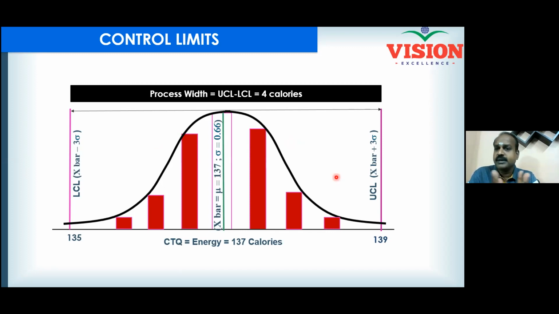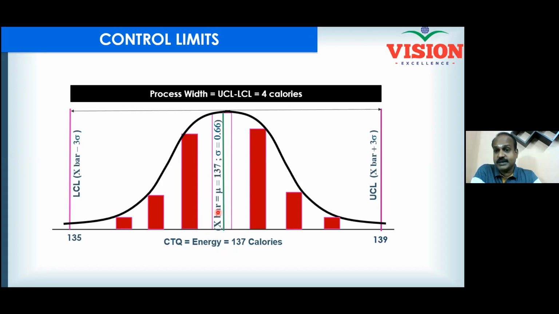How many readings do you have? 100. With the 100 readings, can you calculate the average, which is X bar? You can calculate the average, am I right? Yes. And your average is calculated to be 137. Average is X bar, customer target is mu. Customer target is 137 calories. Your average is also 137 calories. Is it a good scenario?